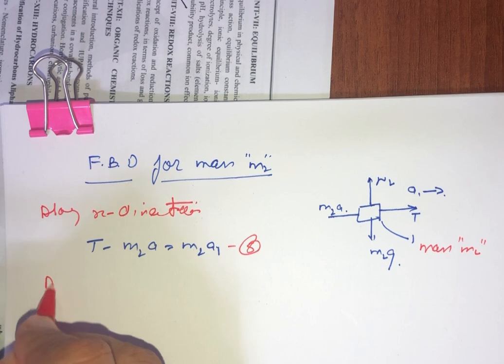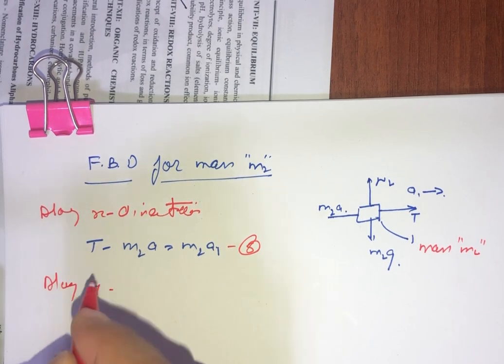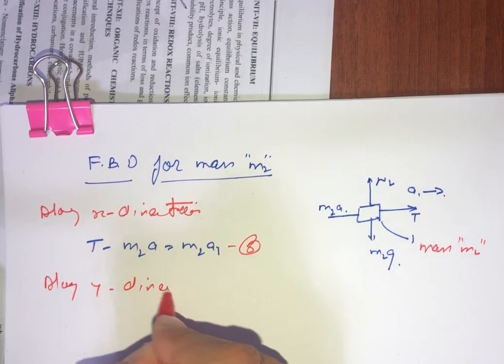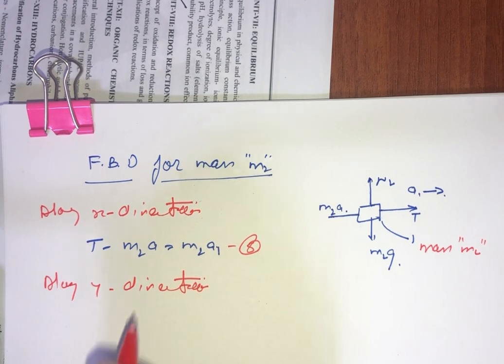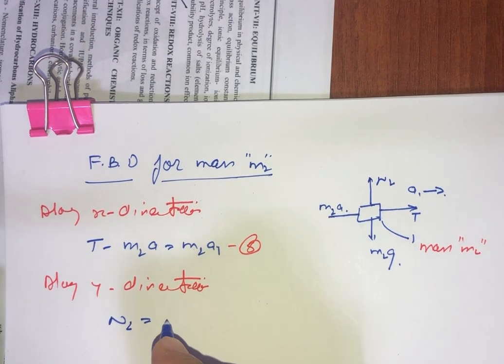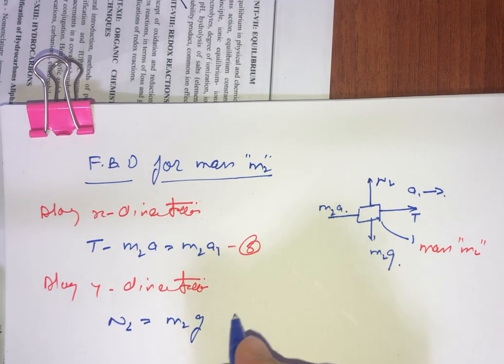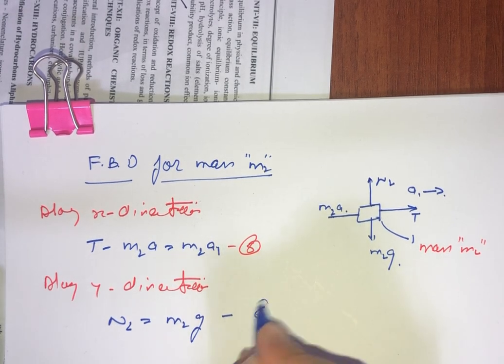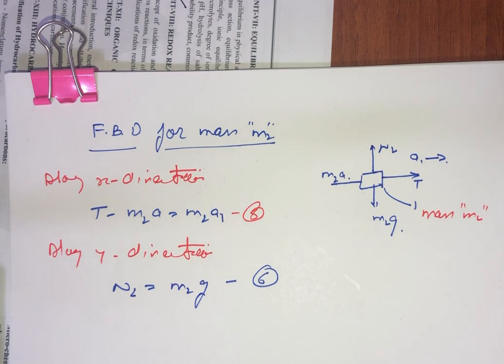And we can say that along the y direction, N2 will be equal to m2g, and let us call this equation number 6. Okay.